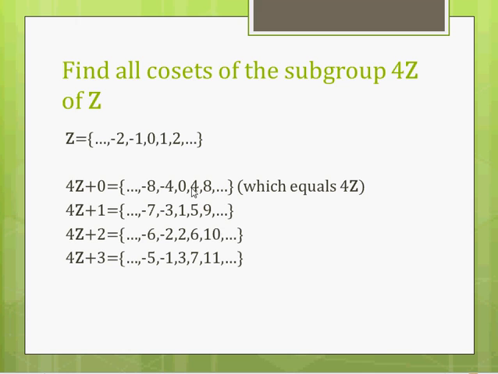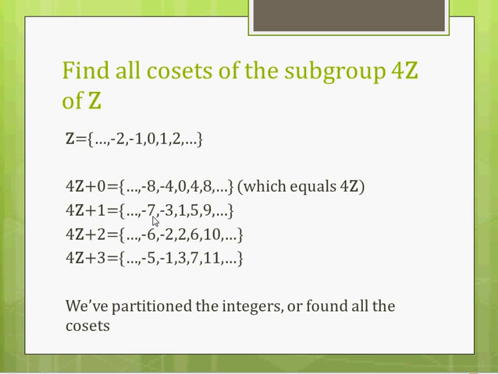Notice these 4 sets partition this set. Together all of these make up the set of integers. Notice again, we're not saying subgroups, they're cosets. We partition the integers and found all the cosets, which are sets.